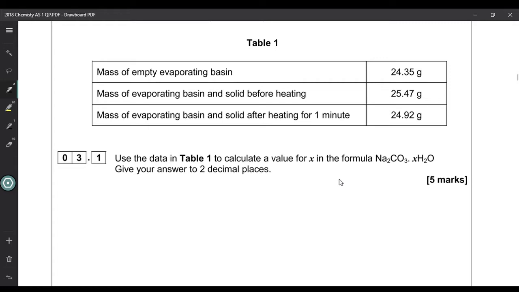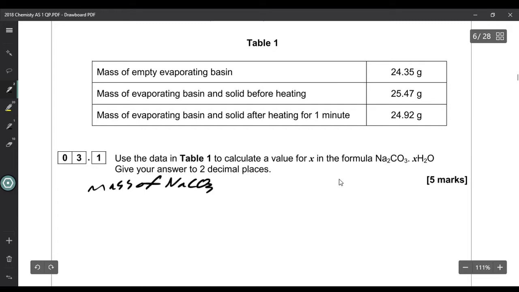So we've got the mass of Na2CO3. What we're assuming here is the dish after heating just contains sodium carbonate and all the water is gone, and the empty dish is obviously with nothing in it, so the mass difference will just be sodium carbonate.